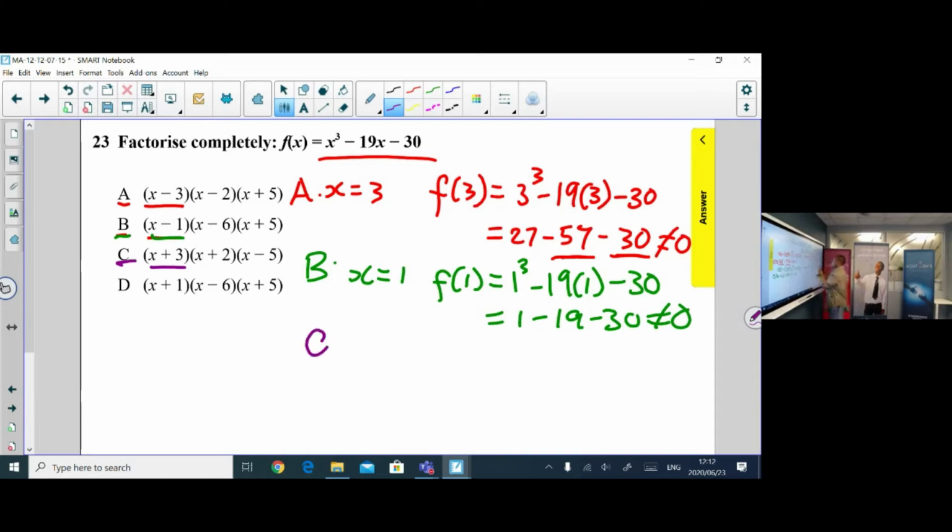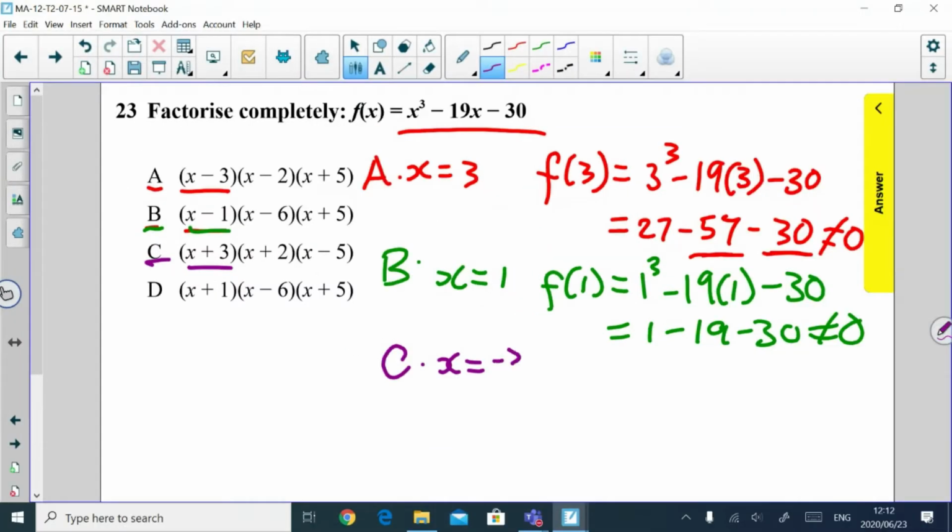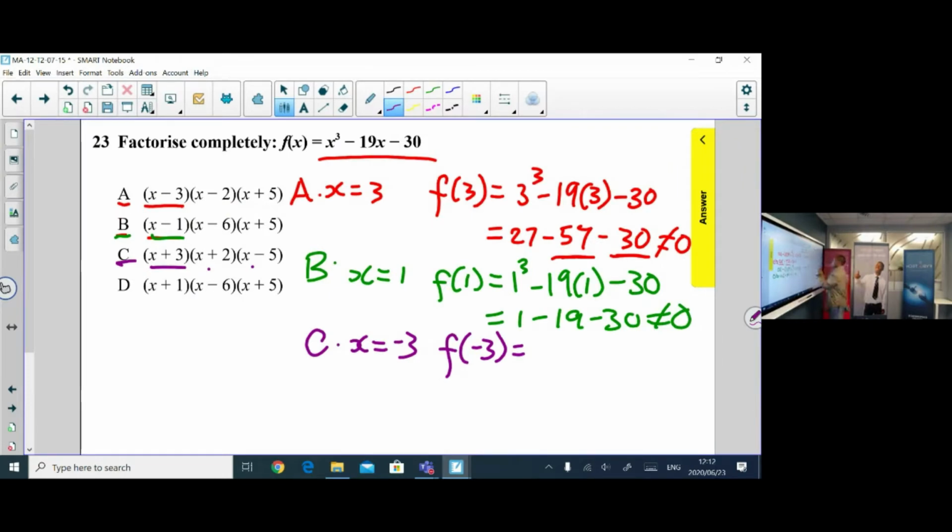Then you try, for example, C. You try x equals negative 3, or any of the other factors. So f of minus 3 would be equal to, so this is very similar to the other one that we did at A. To save your work, you could simply see that A was positive and C is negative.